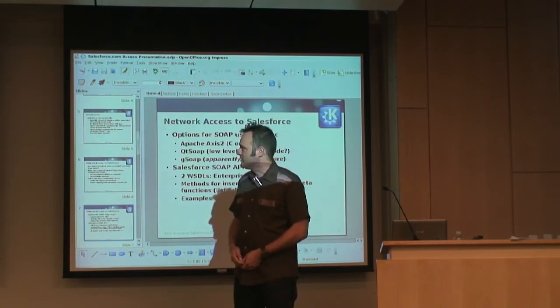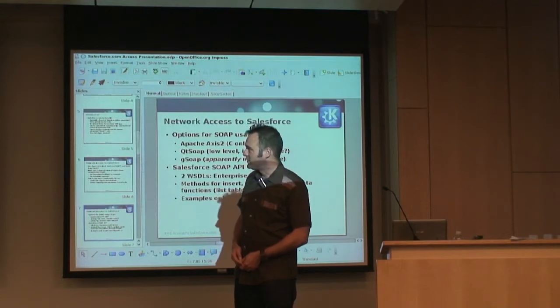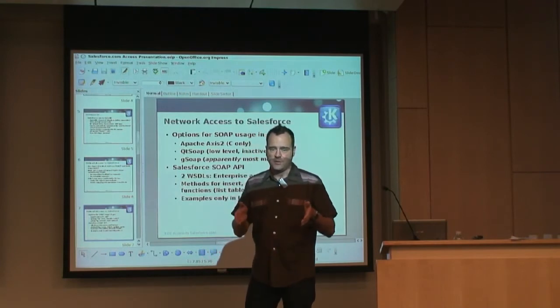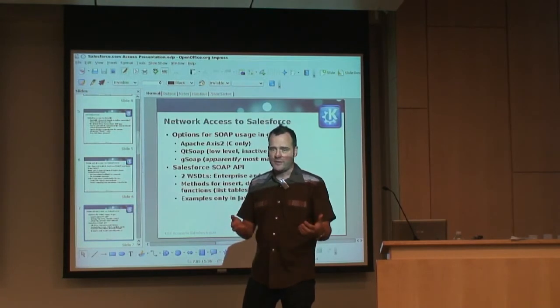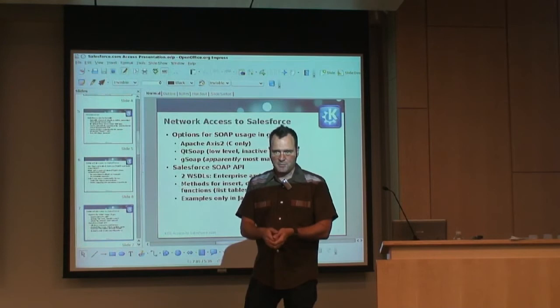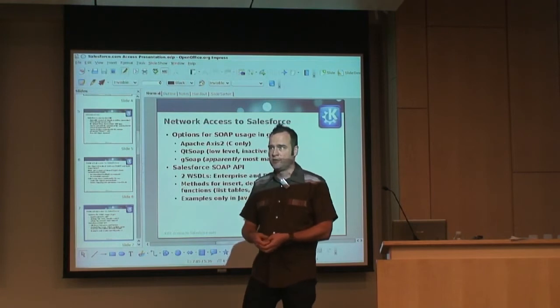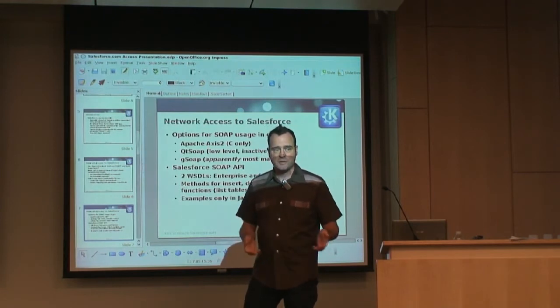So Salesforce supplies 2 WSDLs, or however you say it. One is the enterprise one, which is specific to your particular instance. It has exactly the tables and the fields and stuff that your particular Salesforce.com has. The other one is called the partner one, which is used for people doing sort of third-party apps for Salesforce.